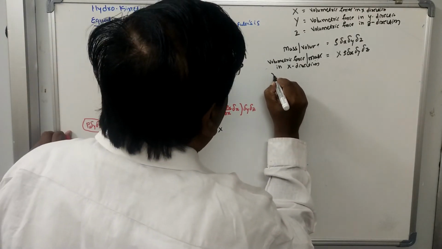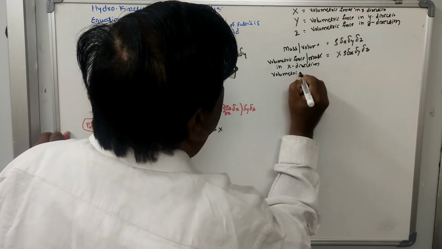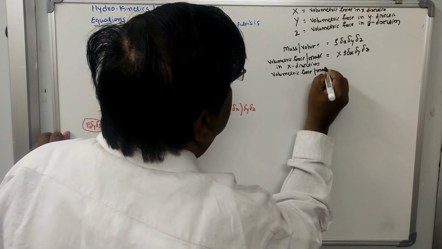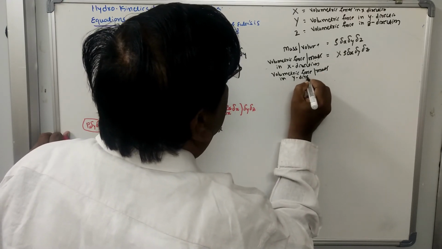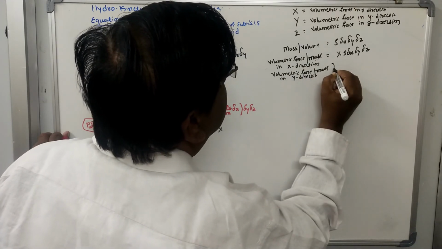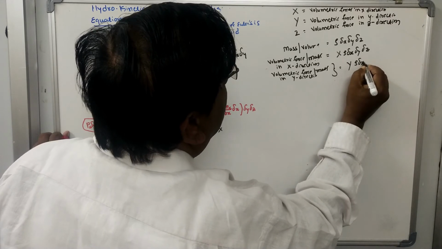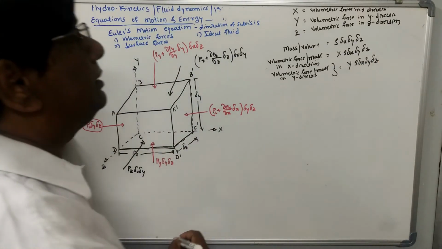Similarly, the volumetric force in the y direction is equal to Y rho delta x delta y delta z.